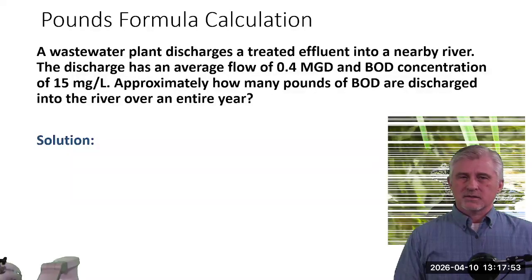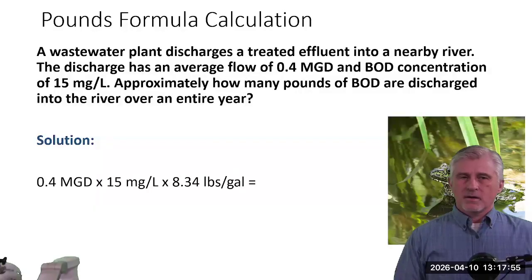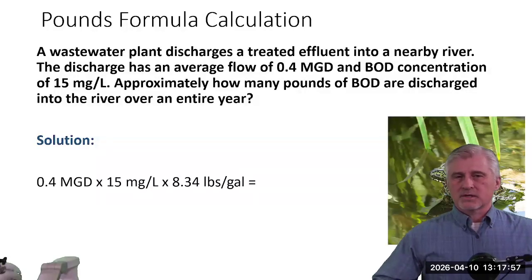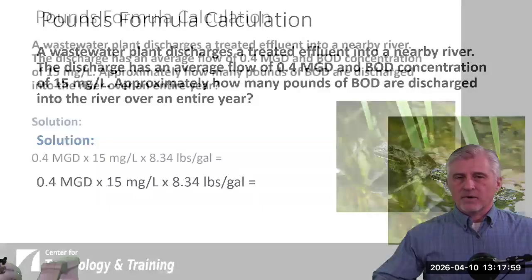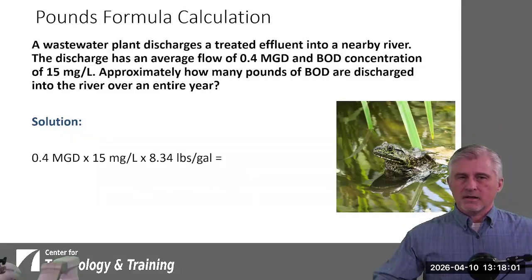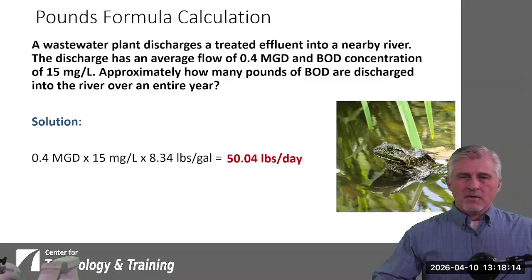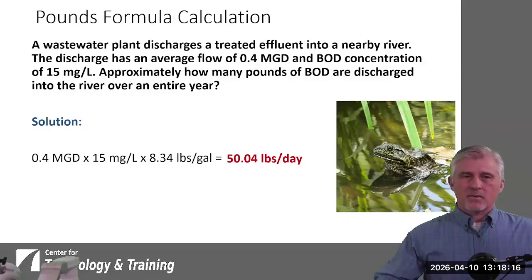So let's look at the solution to this problem. Our pounds formula is going to be 0.4 million gallons a day, multiplied by the concentration of the BOD, which is 15 parts per million, and then multiplied by the weight of a gallon of water at 8.34 pounds per gallon. We multiply that out.